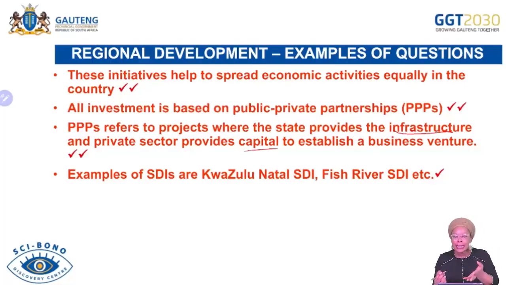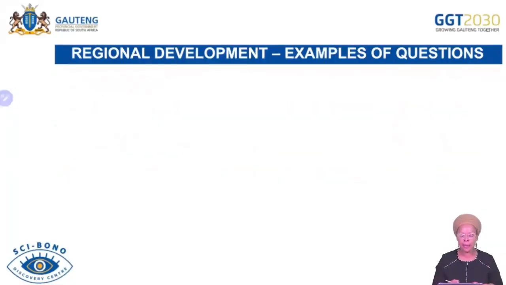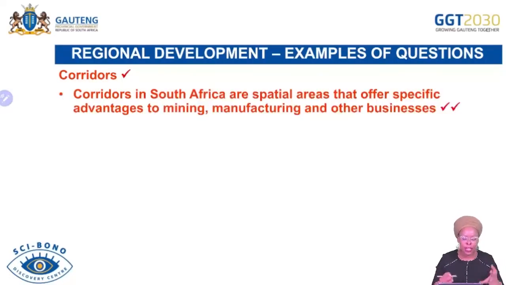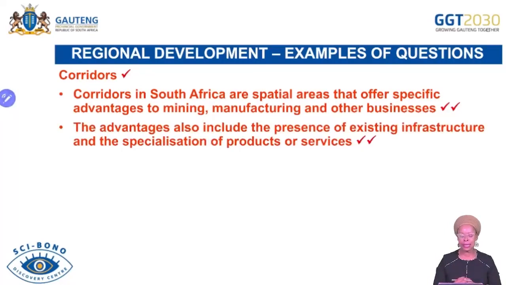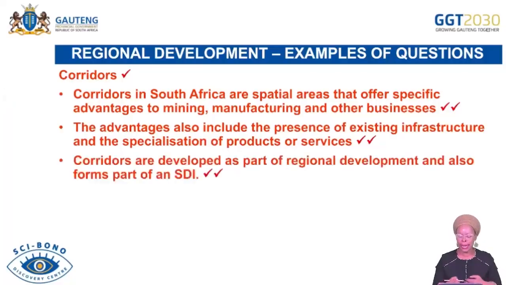Examples of SDIs in South Africa are the KwaZulu-Natal SDI, Fish River SDI, etc. Don't give us all those examples. We move to corridors. You can explain that corridors in South Africa are special areas that offer specific advantages to mining, manufacturing, and other businesses. They have advantages, which include the presence of existing infrastructure and specialization of products or services. 2 marks.